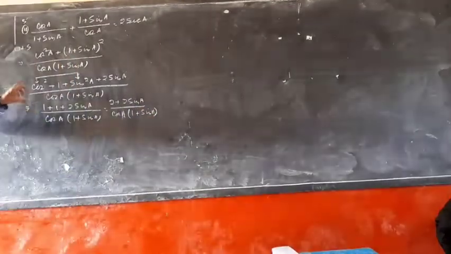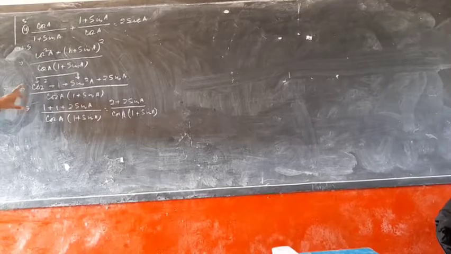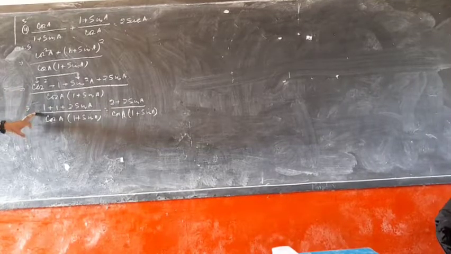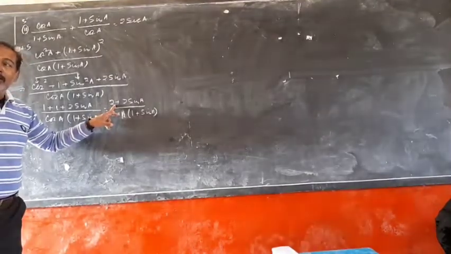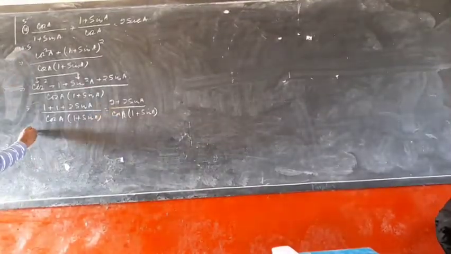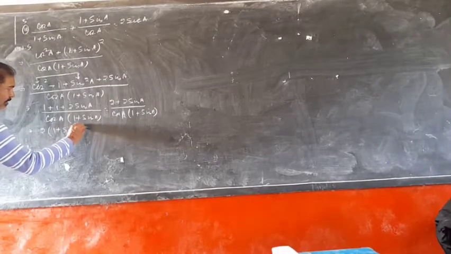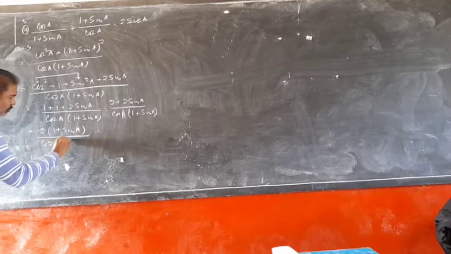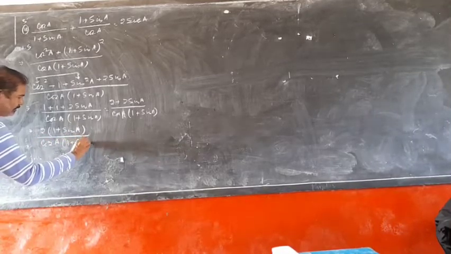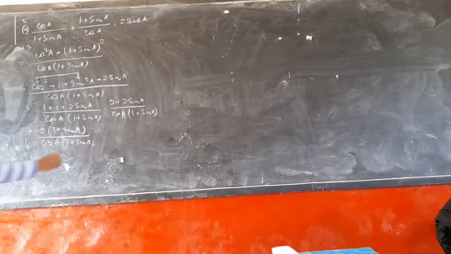So here only one step needs the identities; here I have not used any identities, just simple calculation. Now I am going to take 2 as common. That is equal to 2 into 1 plus sin A upon cos A into 1 plus sin A. So 1 plus sin A and 1 plus sin A cancel.